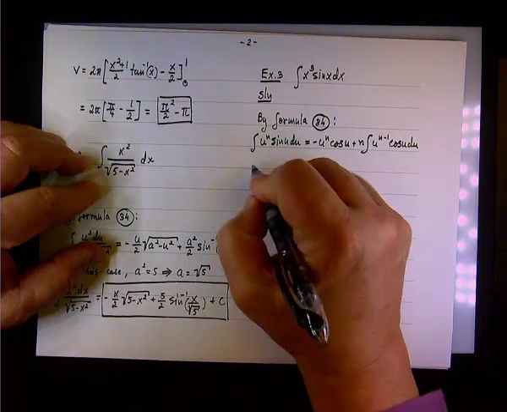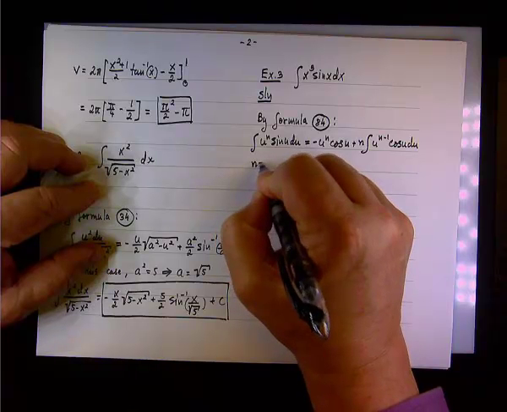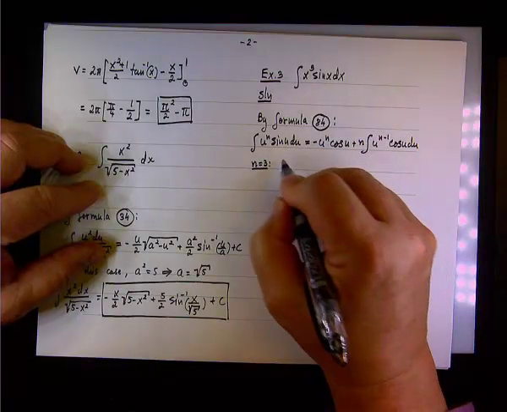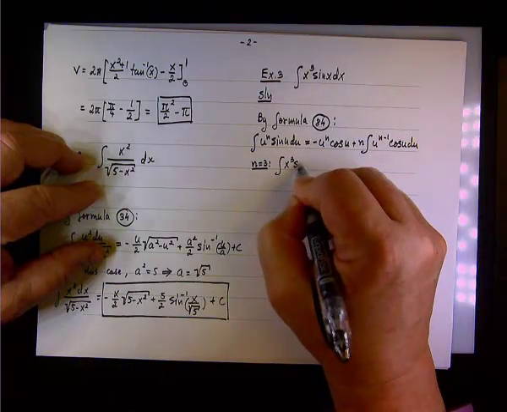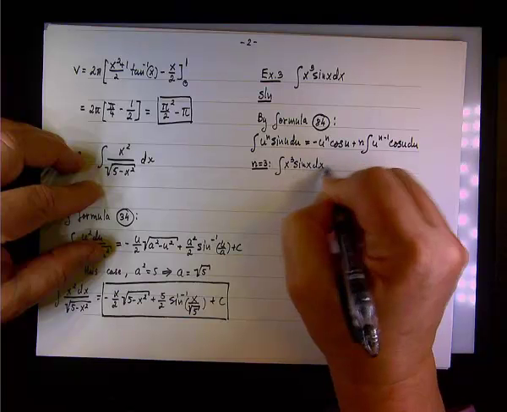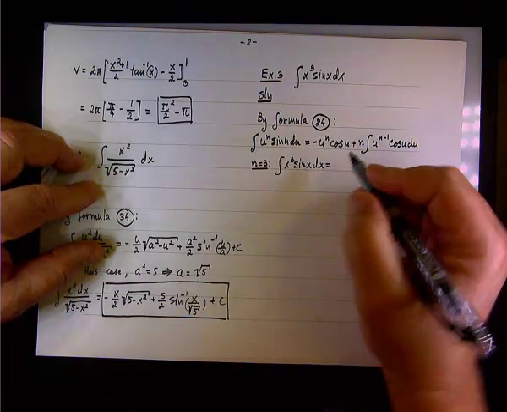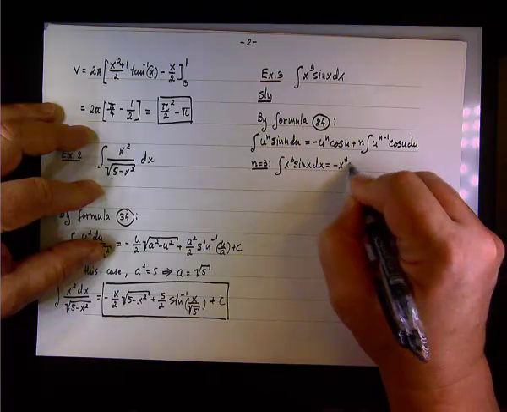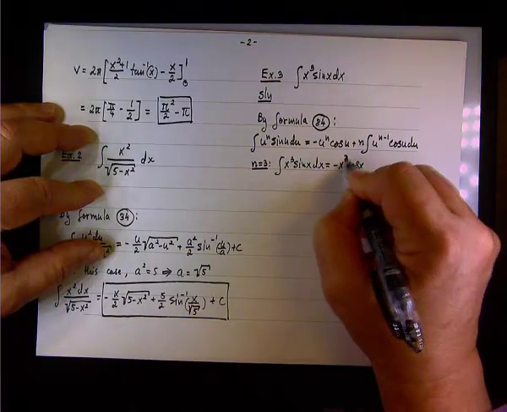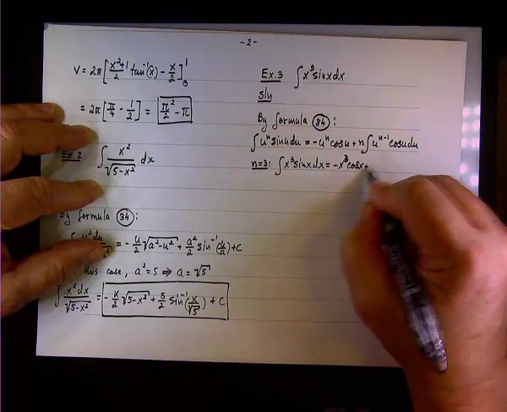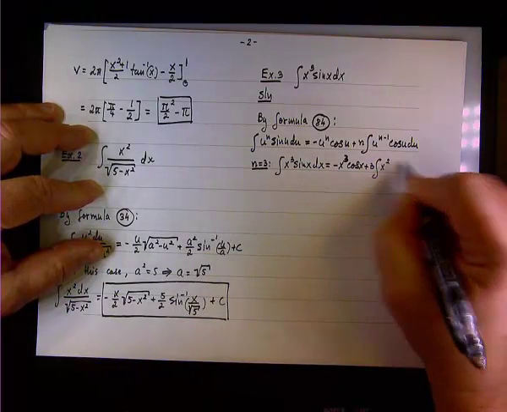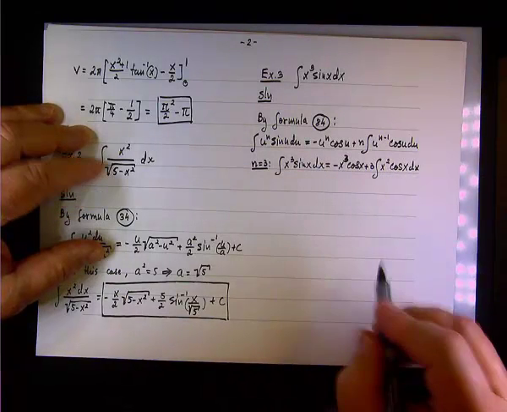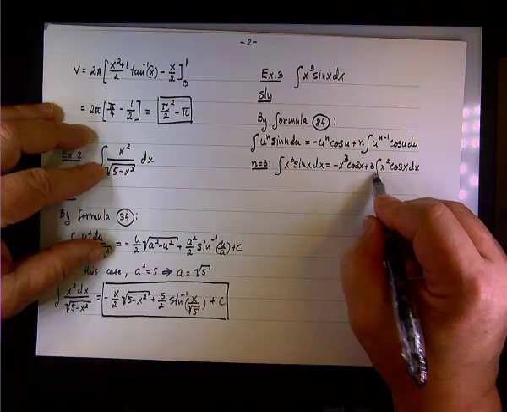All right, so in this case, we are looking at n equal 3, and therefore the integral of x cubed sine x dx will be negative x cubed cosine x plus 3 times the integral of x squared cosine x dx.